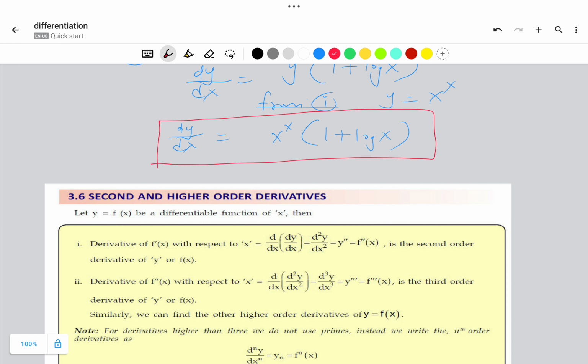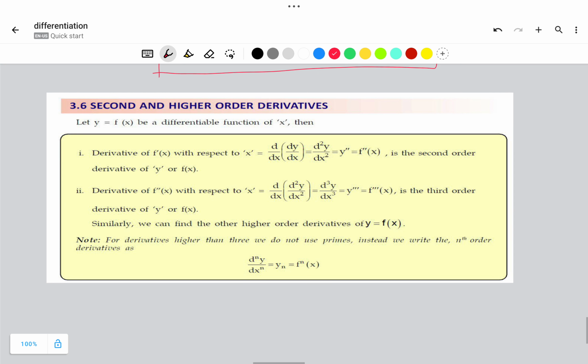And after this, there are some second and higher order derivatives, where instead of taking the derivative for the first time, we are again differentiating it, taking the second order and further nth order, like this.